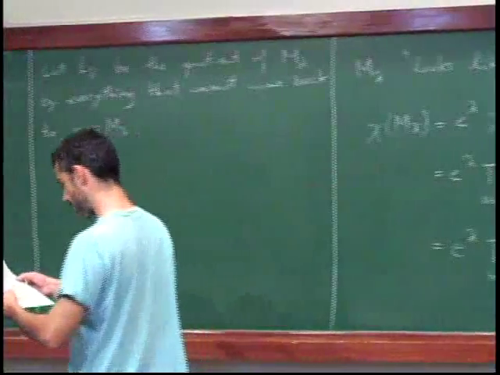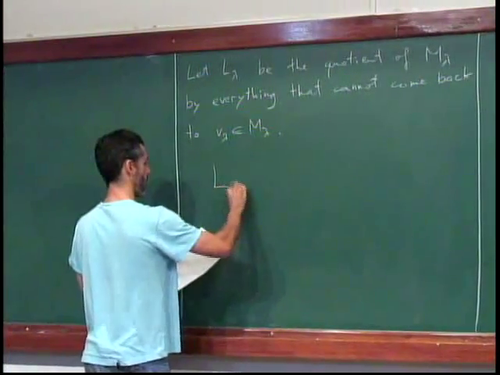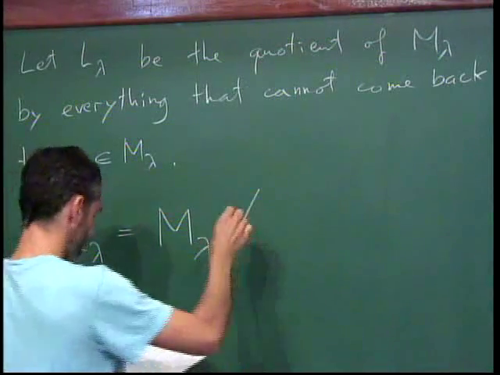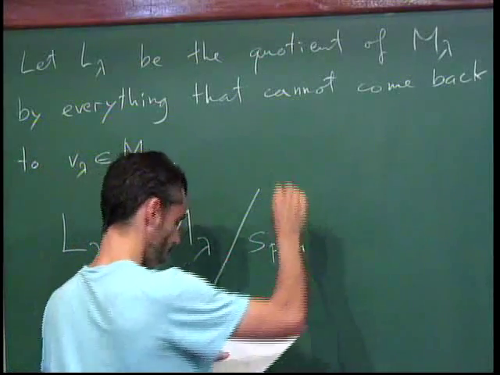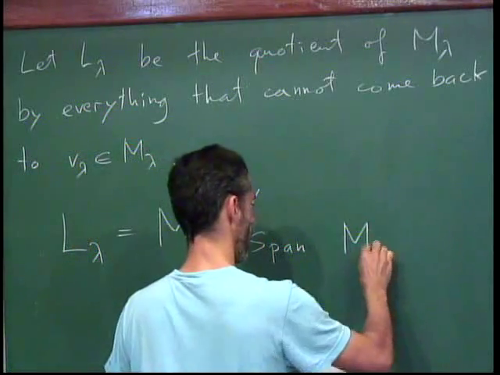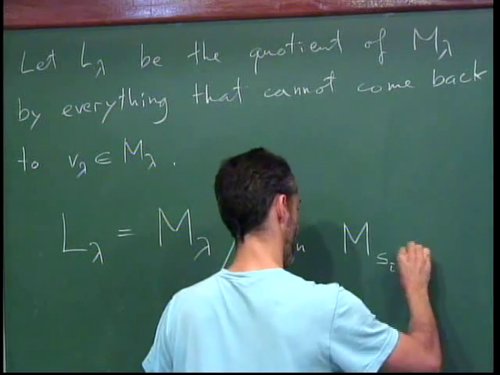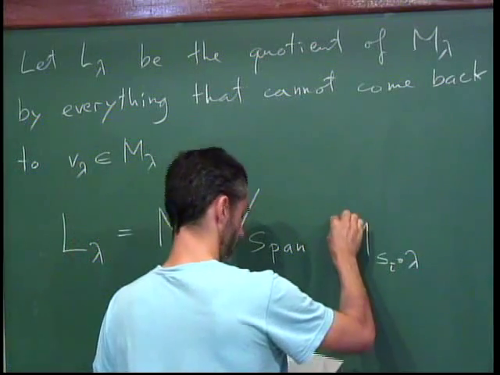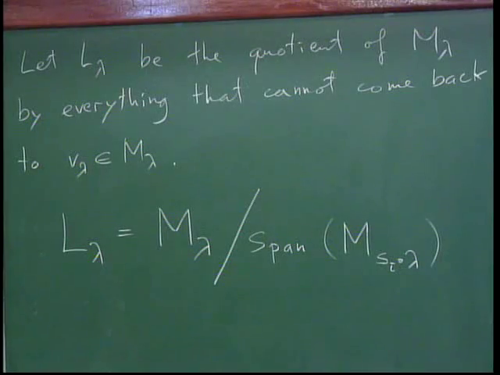One can also describe L lambda in a more explicit way, to say it's a span of, well, this was the previous definition.